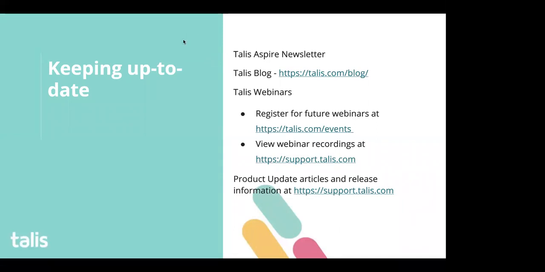And just your usual reminder before we get to any questions and throw the floor open. There are a number of ways you can stay up to date with what we do. We do have the Talis Aspire newsletter, which is sent out once a month, which covers things like what we've been working on, case studies, list of the month, that kind of thing. So hopefully all of you have received that. We have the Talis blog, where you can see details of things that we've been working on or interesting case studies that we've come across while talking to institutions we work with.